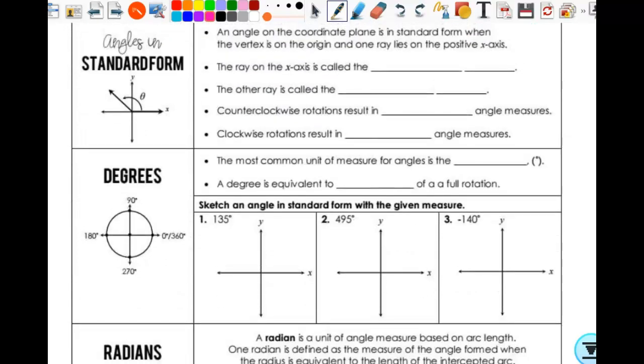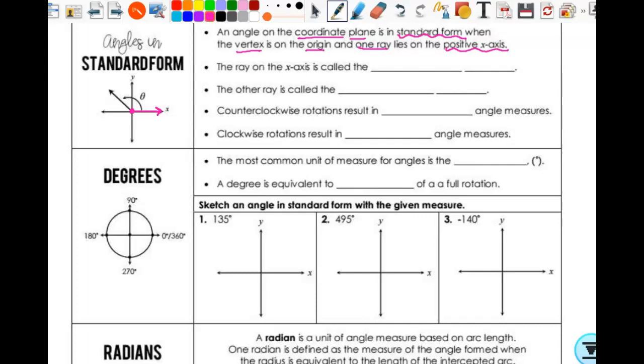So an angle on the coordinate plane in standard form, when the vertex is on the origin, so here's my vertex on the origin right there, and one ray lies on the positive x-axis, which means we always start here. That's why I started with 0 where I did on that circle, okay, instead of starting anywhere else.